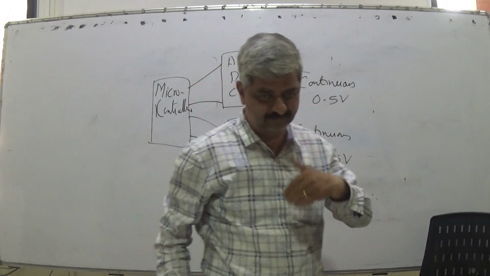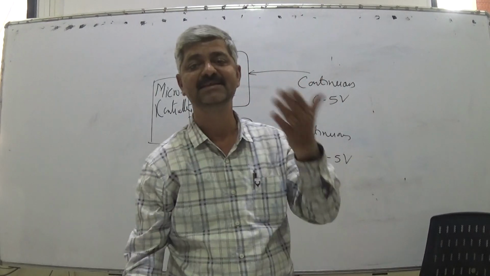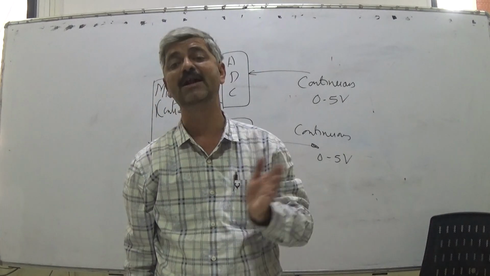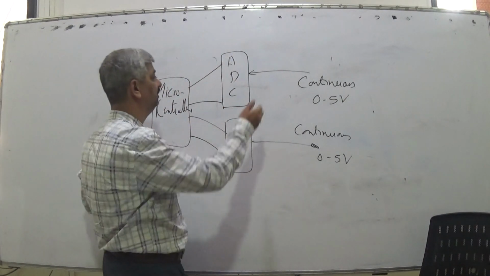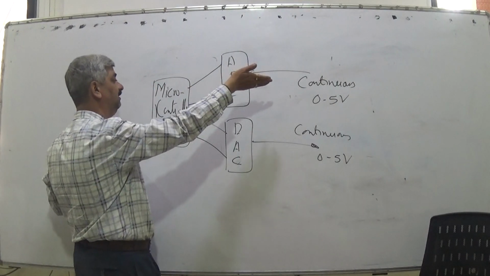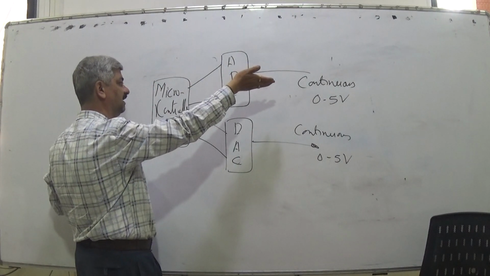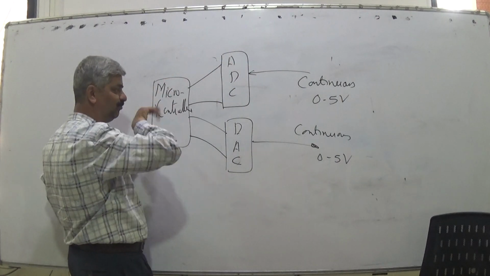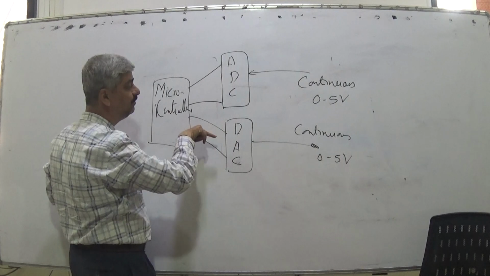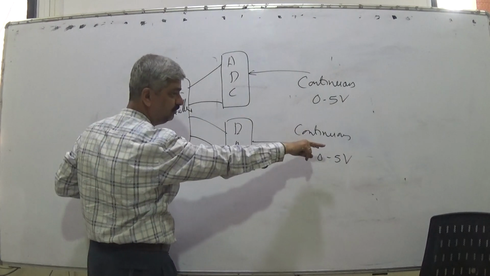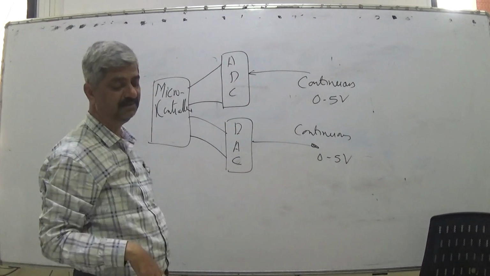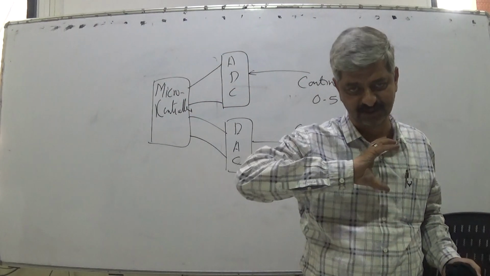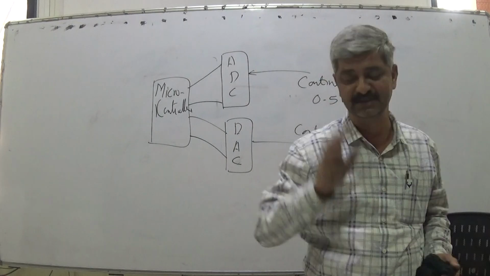The more bits the ADC has, the less is the approximation error. The ADC error is called quantization error. So we read the continuous variable by digitizing or quantizing it using ADC, we process it, we generate the digital output, and that digital output we give to DAC, which generates continuous output. So through ADC and DAC, the interface with the external world, which is continuous in nature, is managed.